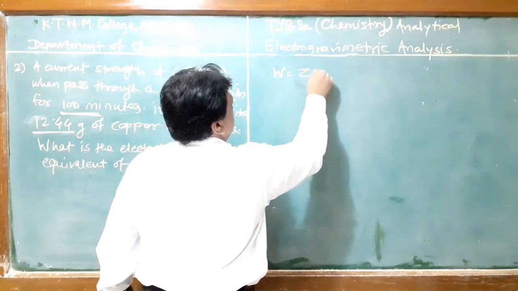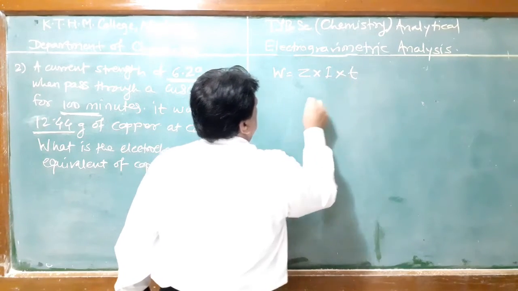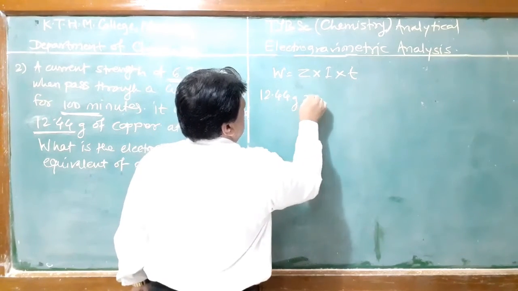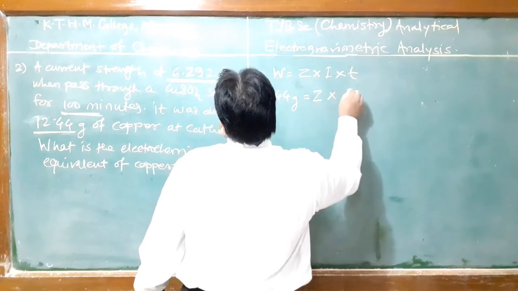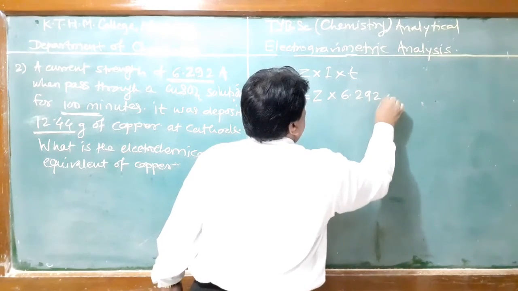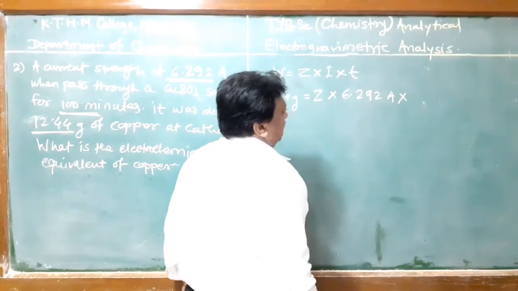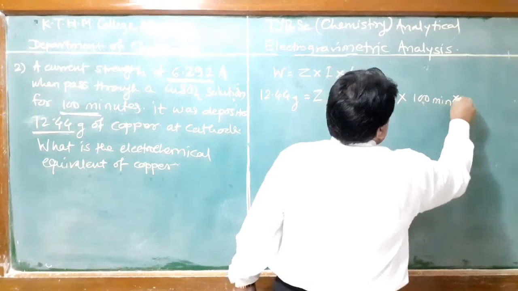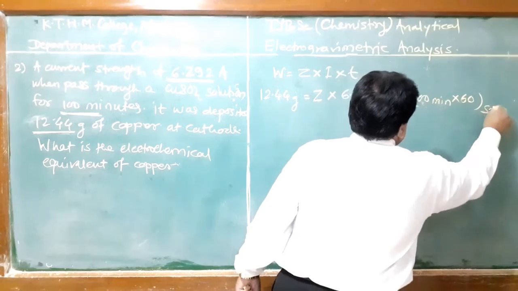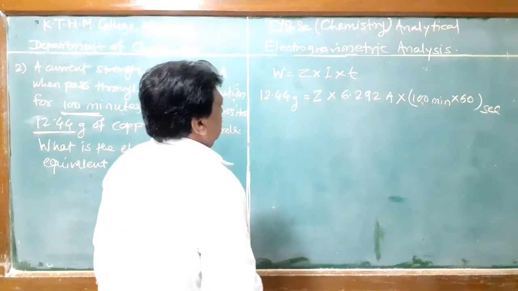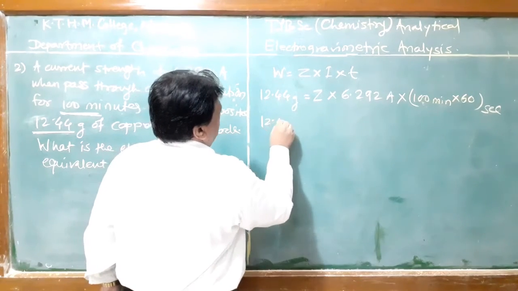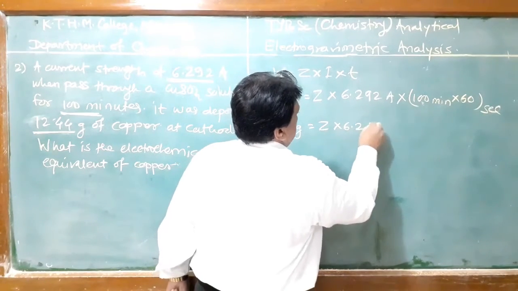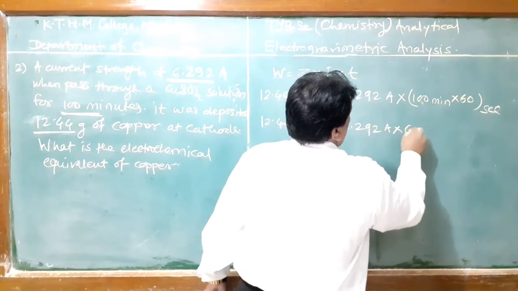Therefore, W is equal to Z into I into T. Here W is 12.44 gram, Z we have to find out, I is 6.292 ampere, and time is 100 minutes. 100 minutes means 100 minutes into 60, that becomes seconds. Therefore, 12.44 gram is equal to Z into 6.292 ampere into 6000.